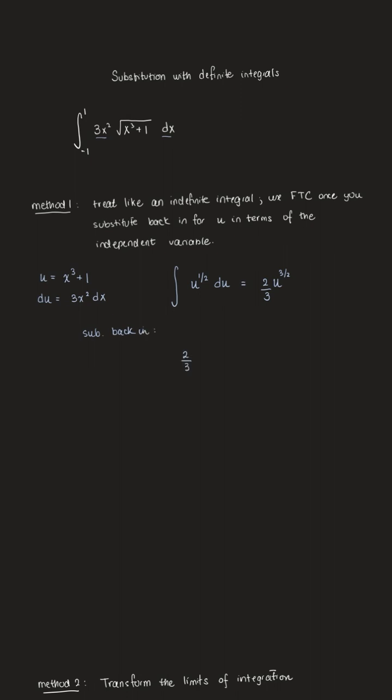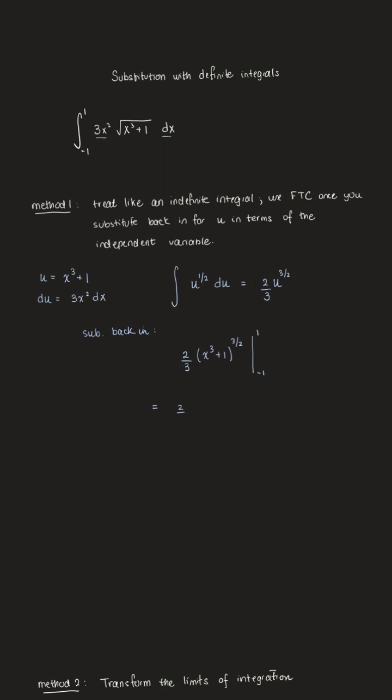So we have 2/3, we'll put u back in, that's x cubed plus 1, raised to the 3/2 power. And now we use the fundamental theorem of calculus and apply the antiderivative evaluated at the endpoints of the interval. So we'll put in our upper limit of integration.